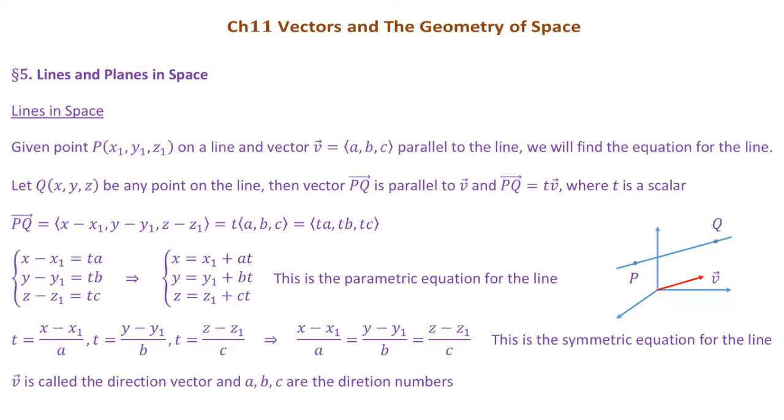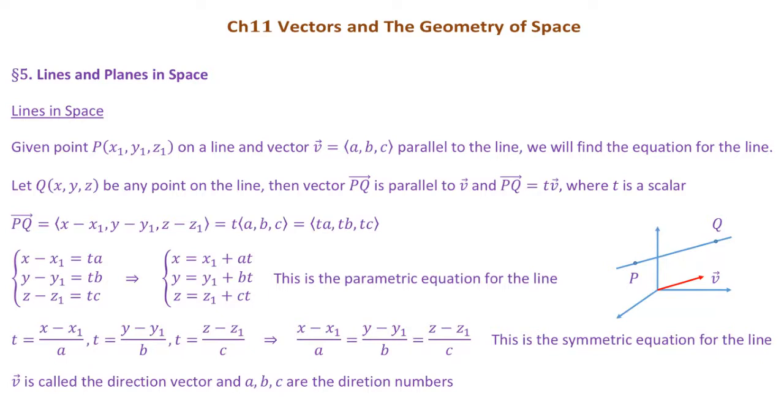That's how you write two parallel vectors. You either shrink or extend the vector to get another vector. That's why you get t multiplied by the direction vector v. We don't know what t is, but we know it has to be like this, because they're parallel.